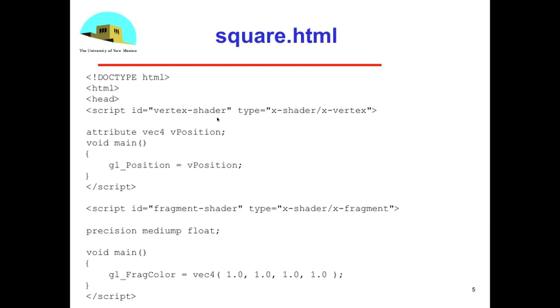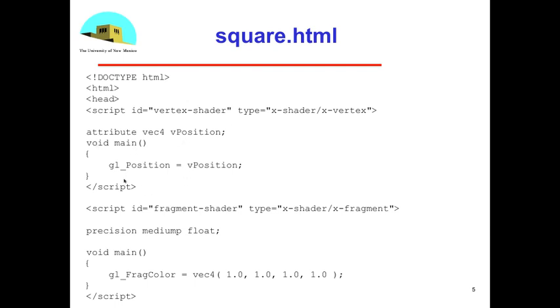We only have one, so we can just say vertex shader. And then it says, what is the encoding in the script? What's it going to follow there? It says it's a vertex shader. This is understood by any HTML5 browser that understands WebGL. So it's saying this is the type of information that's going to follow.